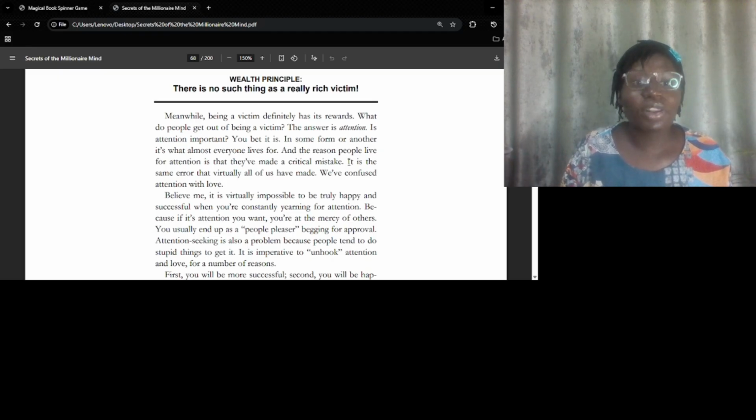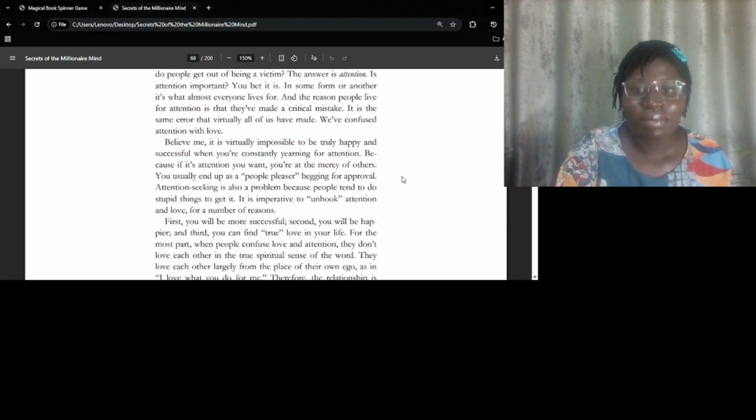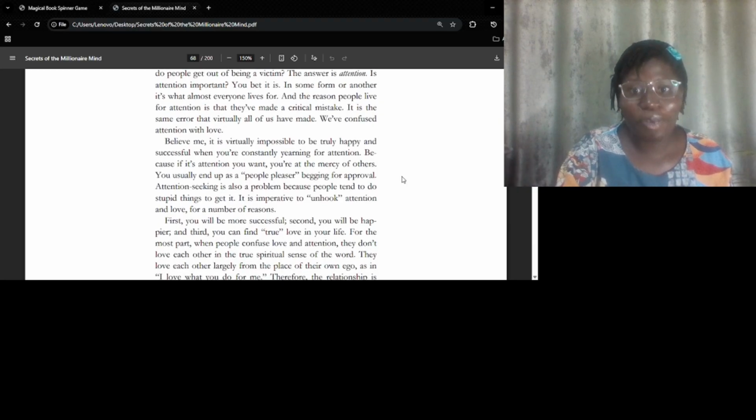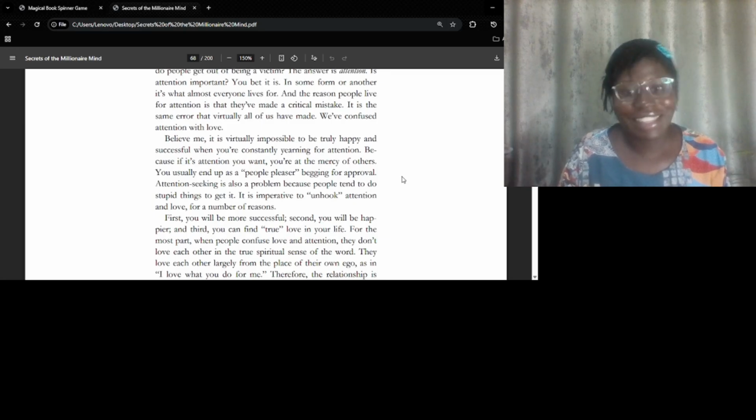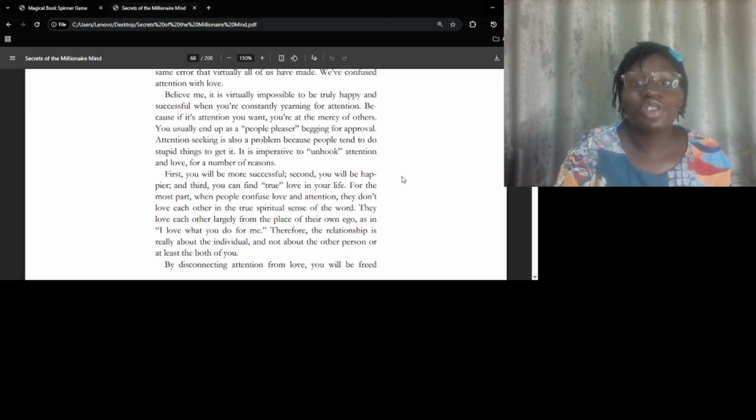And the reason people live for attention is that they've made a critical mistake. It is the same error that virtually all of us have made. We've confused attention with love. Oh my, I like this. Believe me, it is virtually impossible to be truly happy and successful when you're constantly yearning for attention.